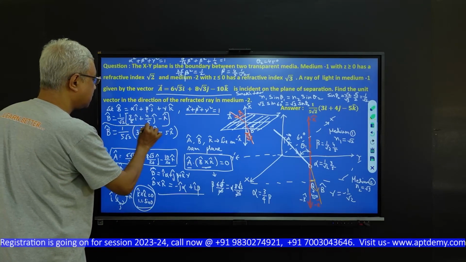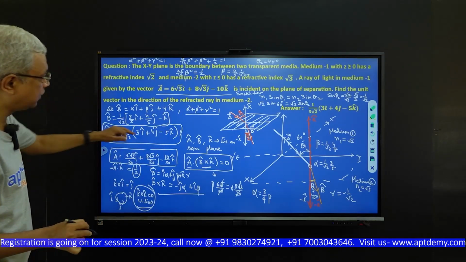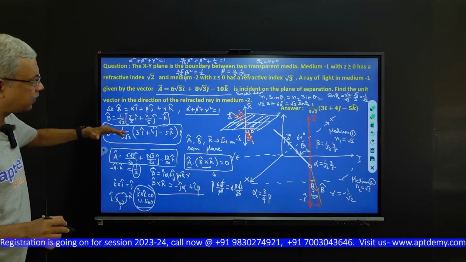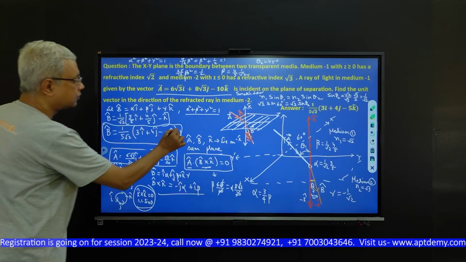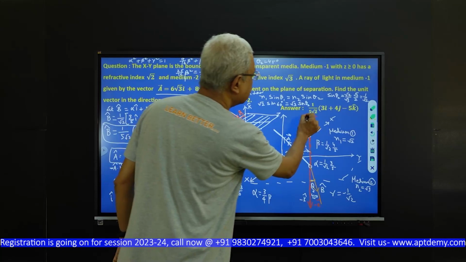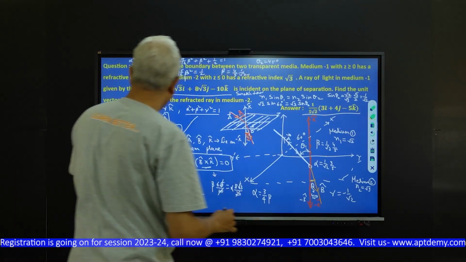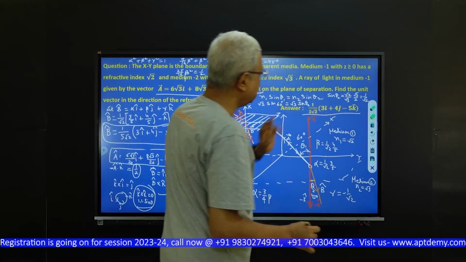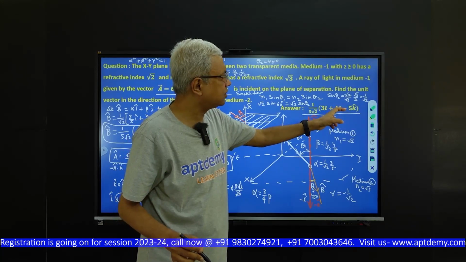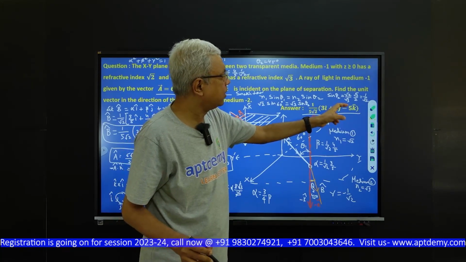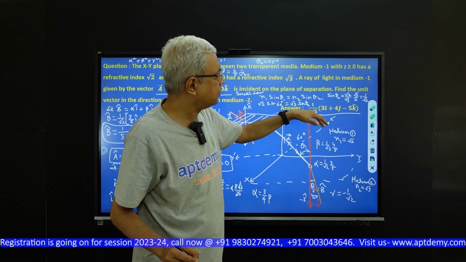This is the expression for the unit vector along the refracted ray B. You can easily verify the magnitude of this vector: 9 plus 16 is 25, plus 25 is 50, divided by 25 into 2, 50.